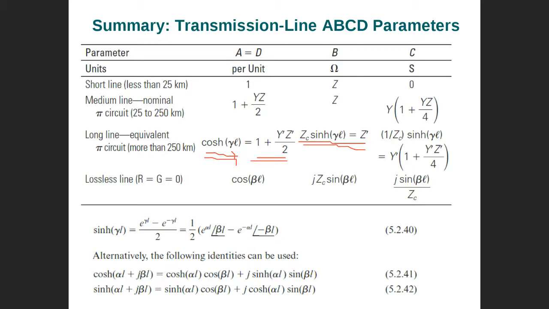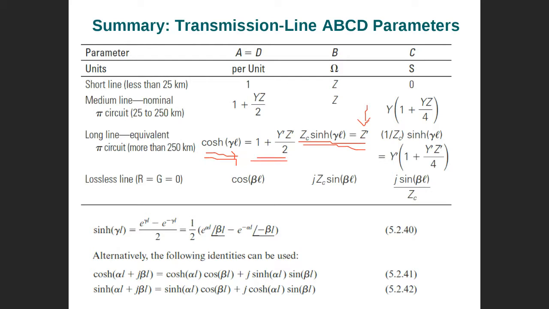Because we want you to use the cosine hyperbolic, the sine hyperbolic, the correction factor, the Z prime. You will not tell me that you are only off by 2 or 3%, which is negligible. We don't work like this. If you increase the length, of course, the difference will be even worse, the difference between medium line and long line.